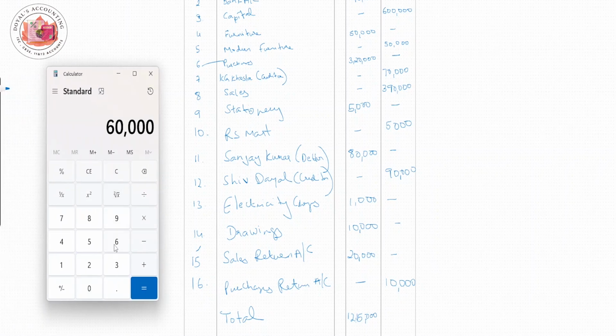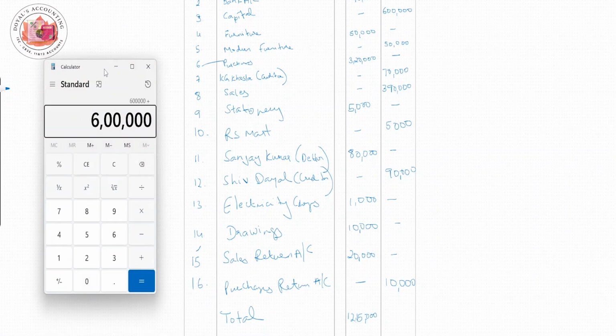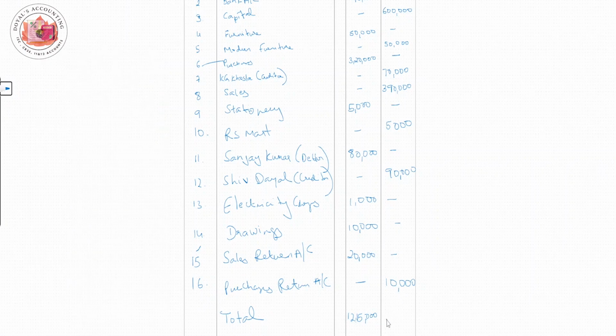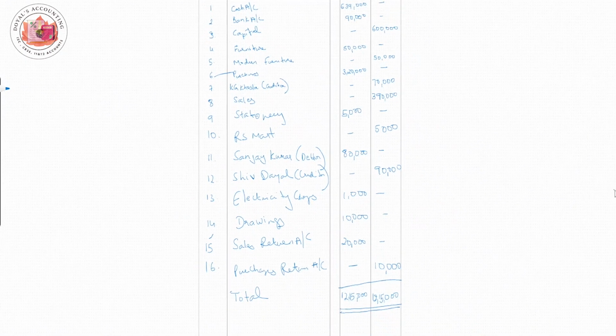So you have 6 lakhs plus 50,000 plus 70,000 plus 3,90,000 plus 5,000 plus 90,000 plus 10,000. So that gives me 12,15,000. That means now my debit and my credit side are tallying. I have recorded both aspects of every transaction, and now my trial balance is tallying.